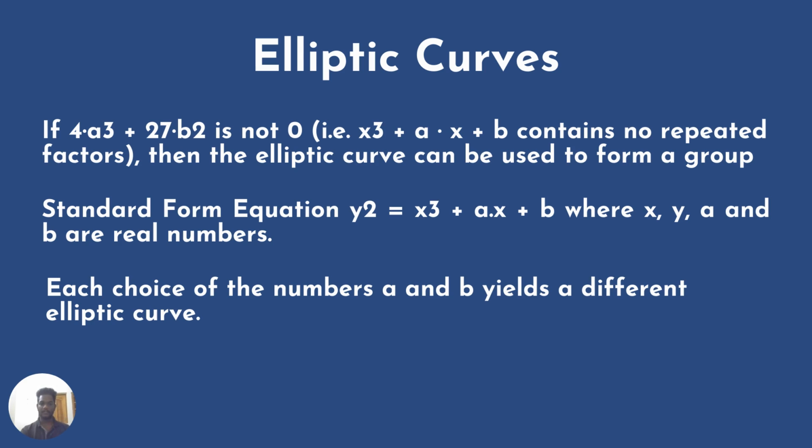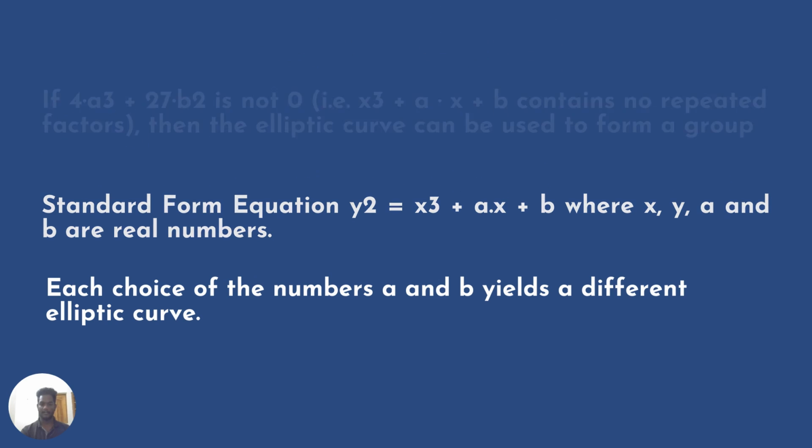There is a standard form equation as mentioned in the previous slide, that is y square equals x cube plus a into x plus b, where x, y, a and b are real numbers. Each choice of a, b yields a different elliptic curve. So as said before, when we find solutions for a, b, there will be different curves in the graph.